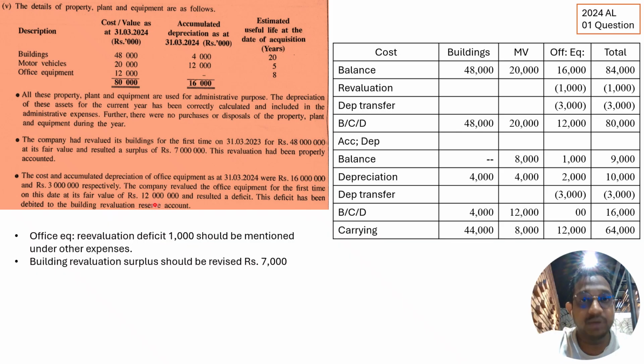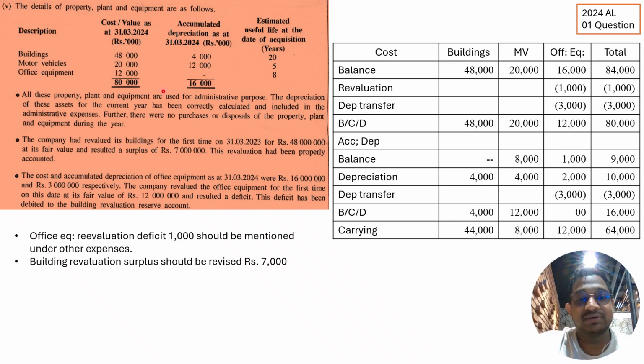So what you have to do here is show the revaluation here because this revaluation was done in this year, right? So the opening balance you should mention here as 16,000 and the closing accumulated depreciation is 3,000, right?